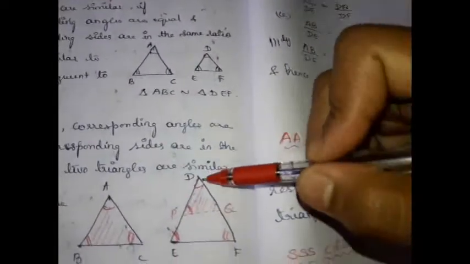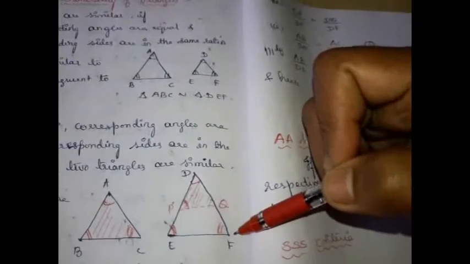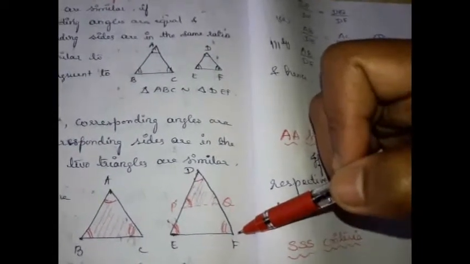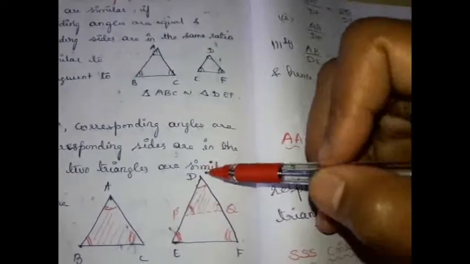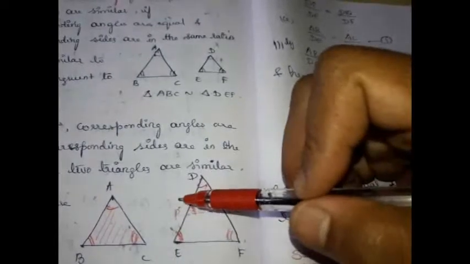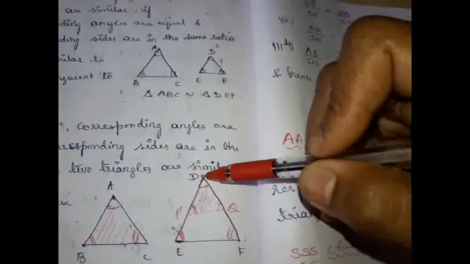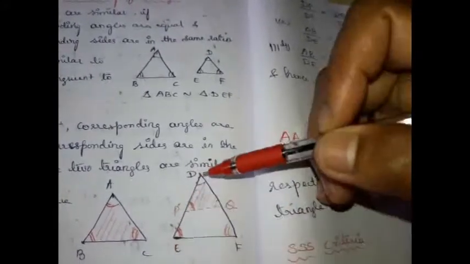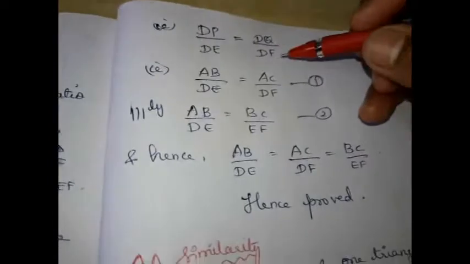This can also be written as DP by DE. Basic proportionality theorem says DP by PE equals DQ by QF, but we have also proved a result that we can write the full thing by adding 1 to it. Hope you remember, in the last class I explained this. So this can also be written as DP by DE equals DQ by DF.